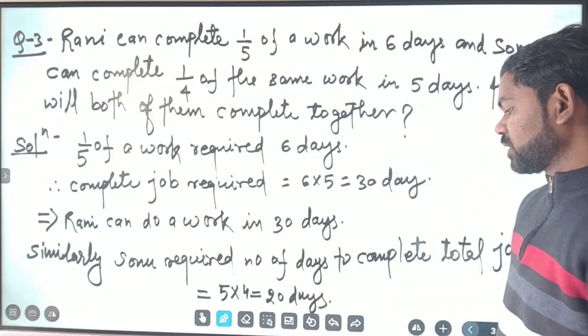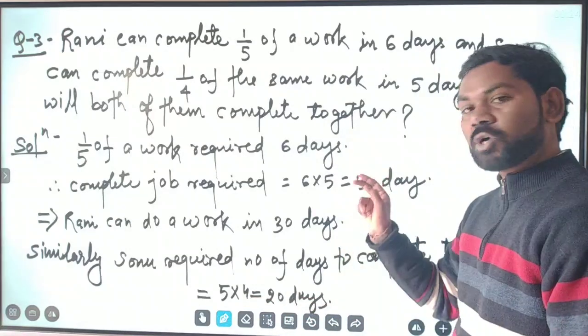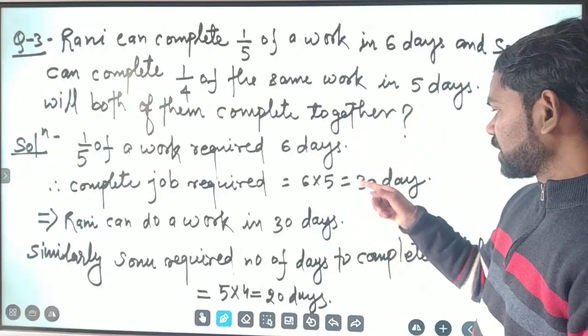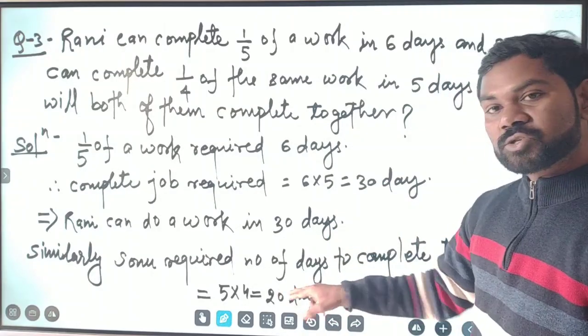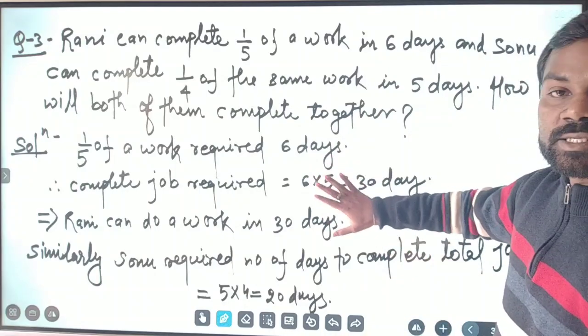So this represents that Sonu can do the job in 20 days. Here Rani can do the job in 30 days and Sonu can do the job in 20 days. So this is the additional step.